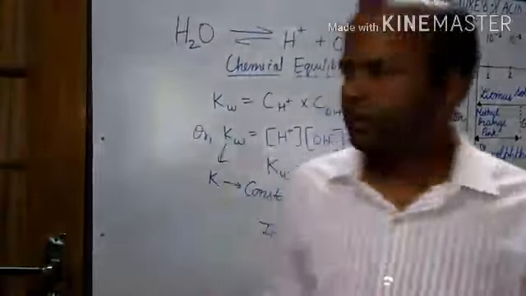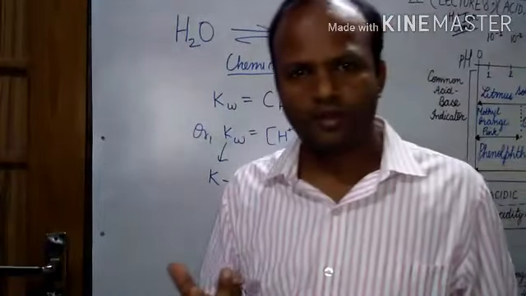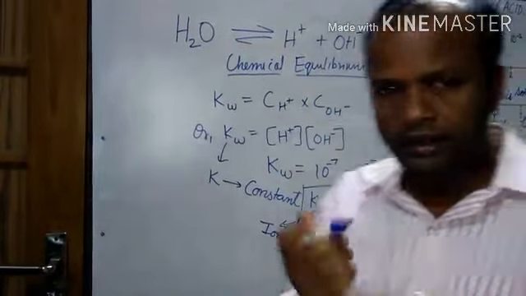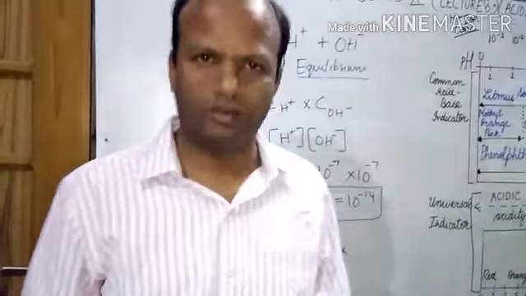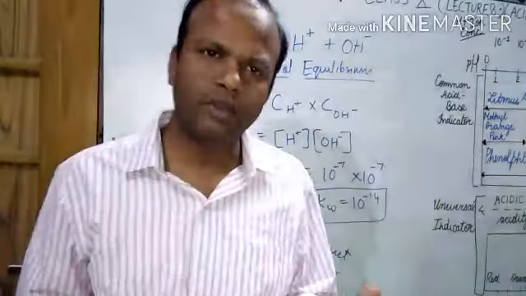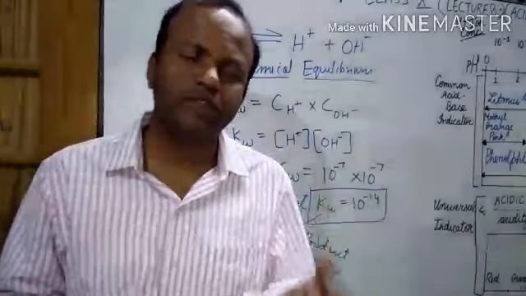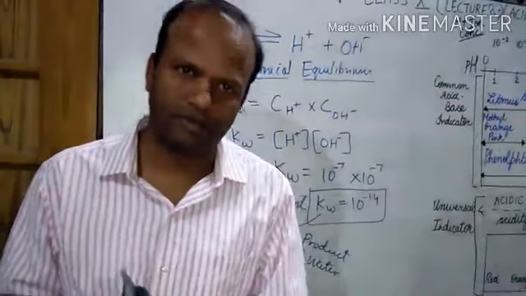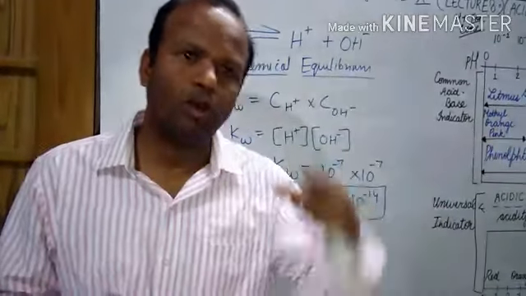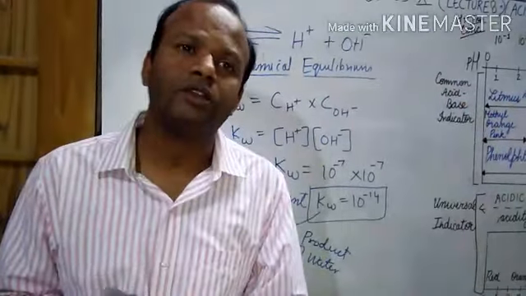Now what happens? Listen very carefully. When any acid is added to water, the H plus ion concentration increases, right? Or when any base is added, the OH minus ion concentration increases.